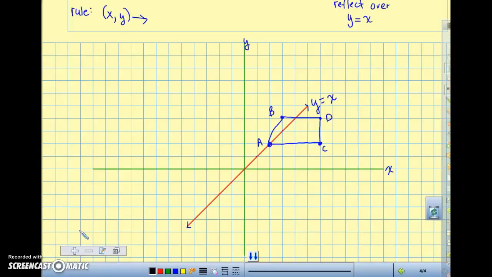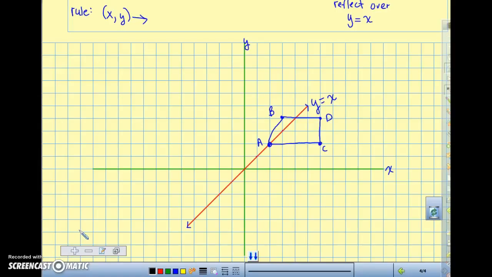So, for instance, all those lines that you all graphed last year in Algebra 1, like x plus 8, or f of x equals x squared minus 3. If we take these graphs and we reflect them over the line y equals x, it gives us what's called the inverse, okay? And so that's what this is going to catapult you into next year, okay?